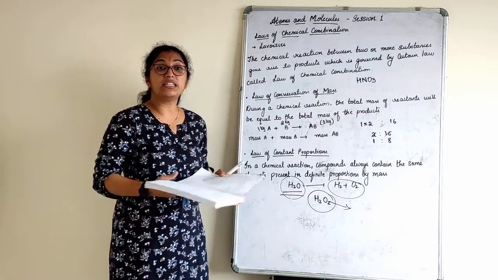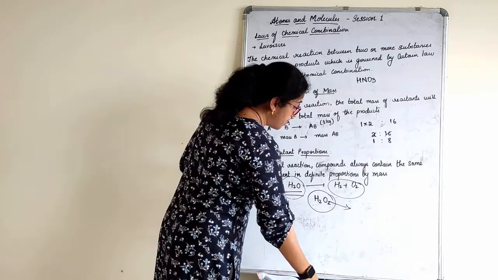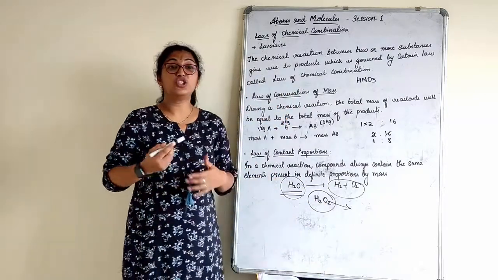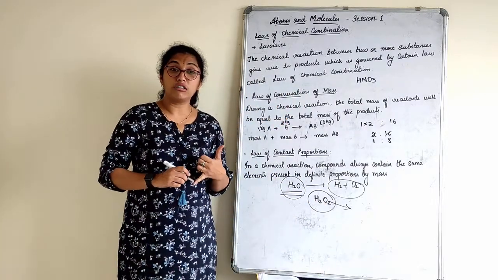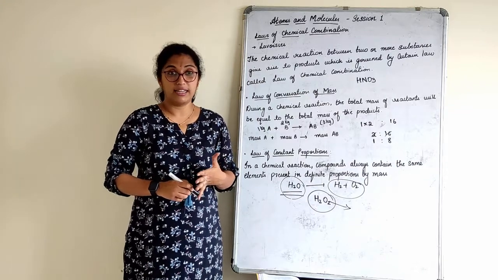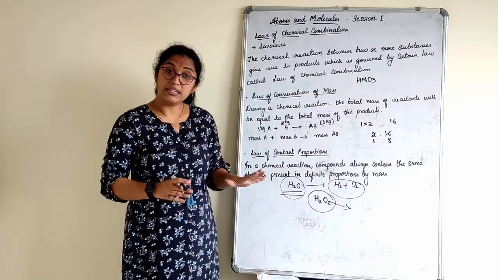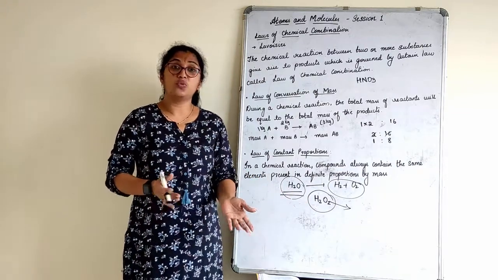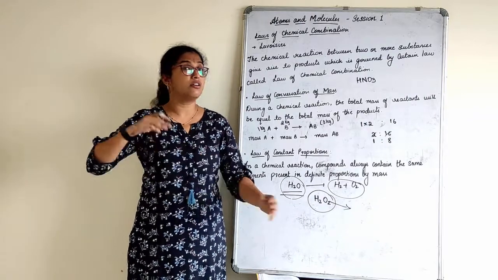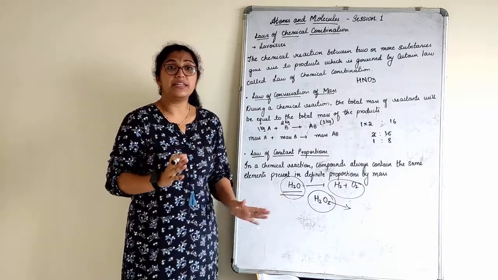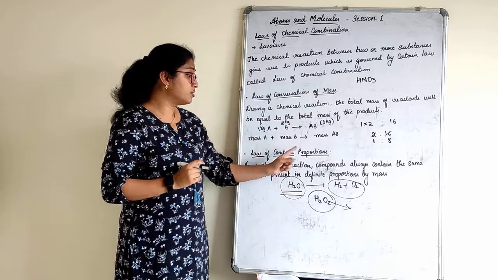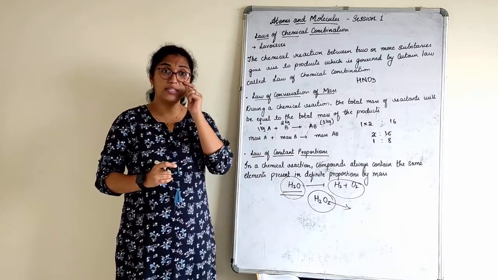Just by changing the mass composition, it changes from dioxide to oxide to nitric oxide. That means water is H2O everywhere, whether a drop of water or a barrel of water, it remains H2O. Law of constant proportion. That's what it is.